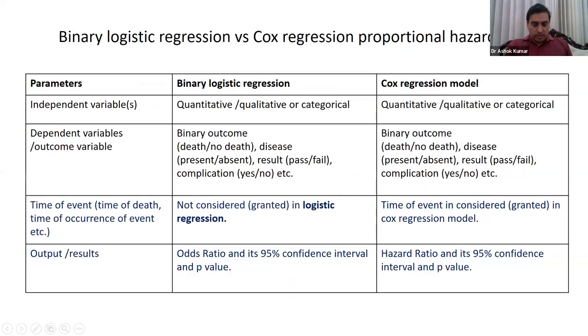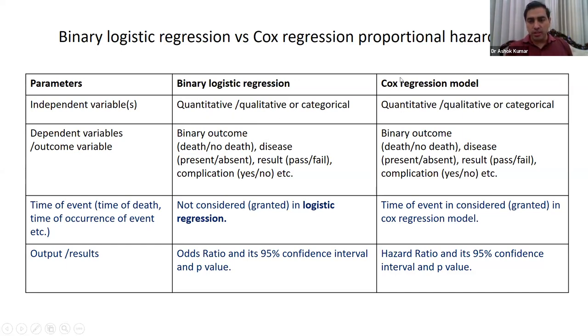So what is difference between binary logistic regression and Cox regression proportional hazards model? Please be attentive for this. In case of binary logistic regression, independent variable is quantitative or categorical type. It may be 1, 2, 3, 4, 5, 6, whatever.